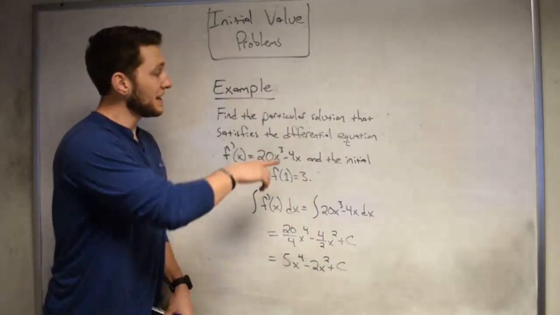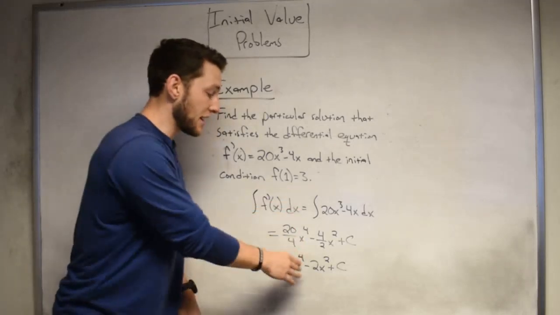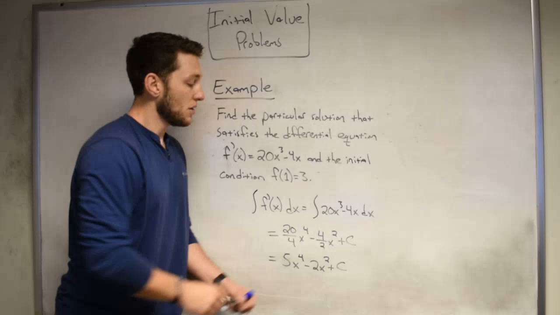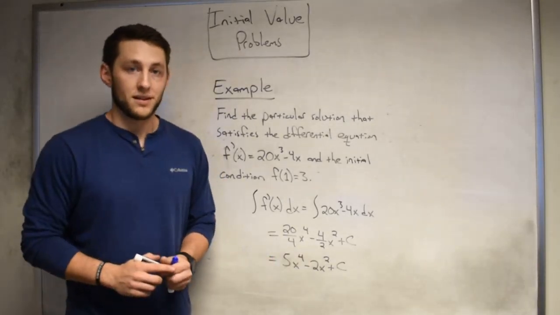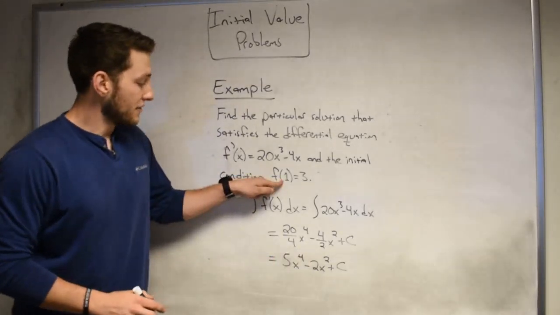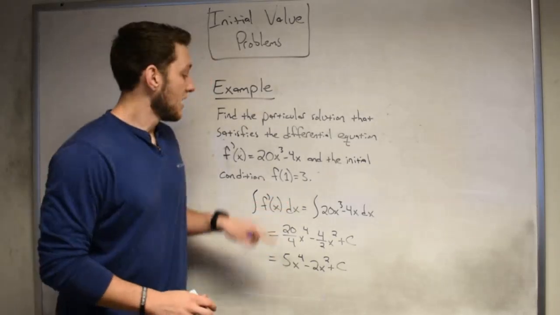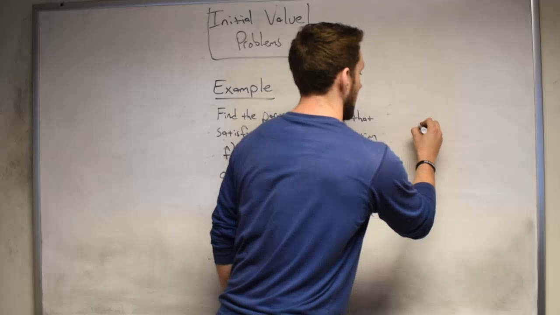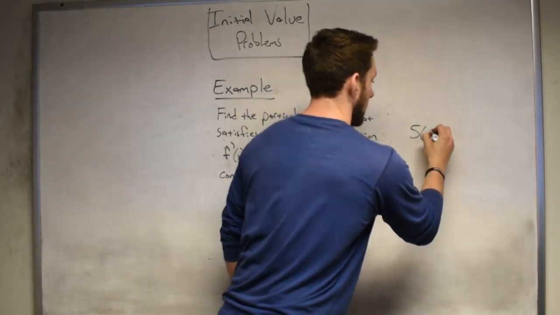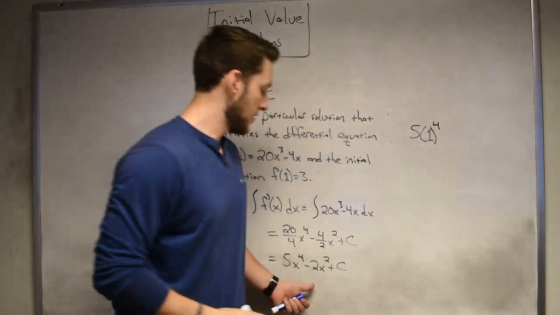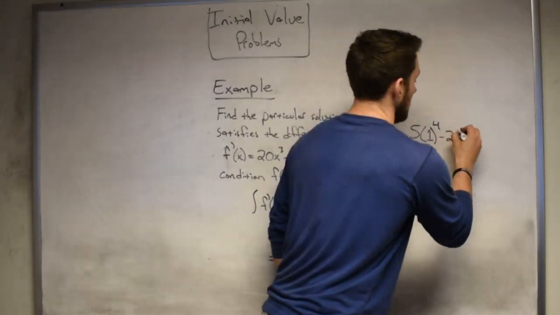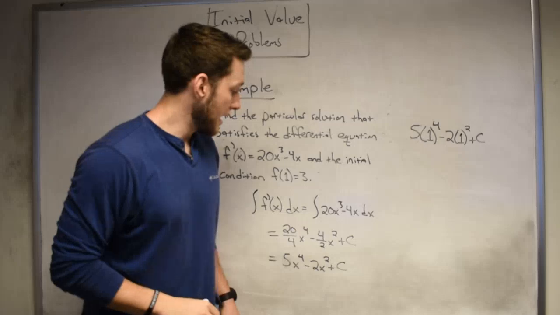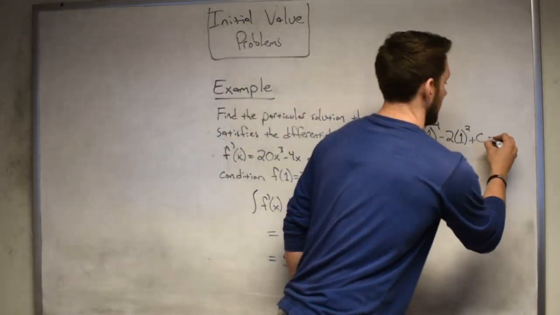Now we're not done. We can get a particular solution. This is a general solution, meaning c is anything. But since we have additional info, we can get our hands on what c is. Let's do that. Well, this info says if I plug in 1 for x, I get 3 as an answer. So, plug in 1 for x. 5 times 1 to the 4th minus 2 times 1 squared plus c, gotta still remember that, is equal to 3.